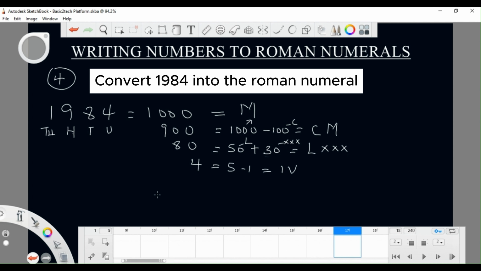So therefore 1984 is M, CM, L, XXX, IV. That is our answer for that.